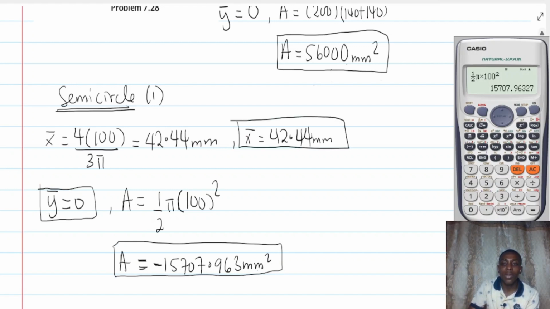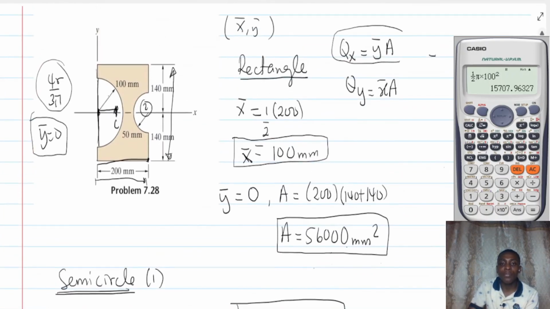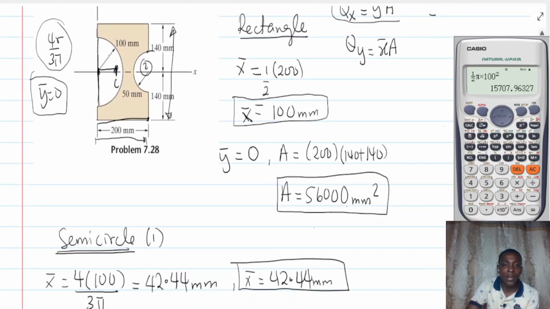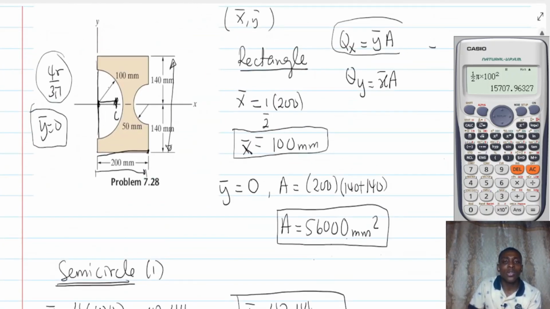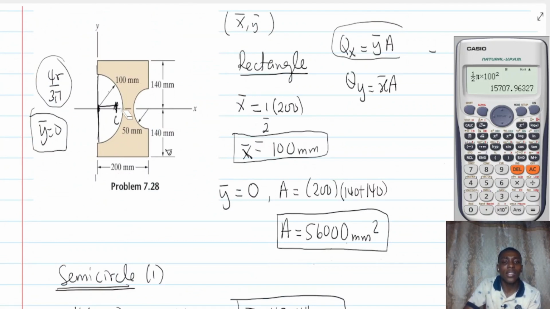Now let's take the last one, which is this semicircle, semicircle 2. For semicircle 2, the base is here.